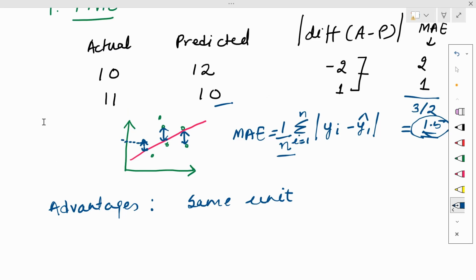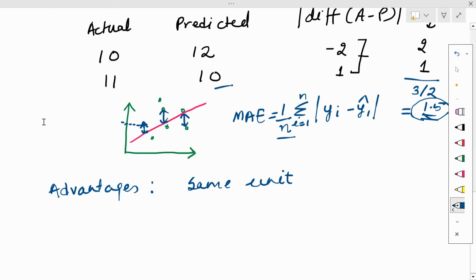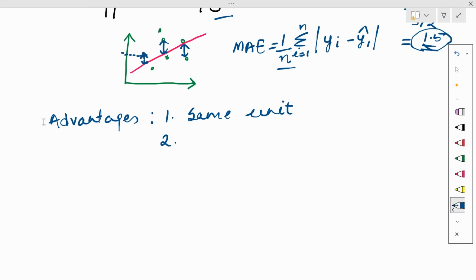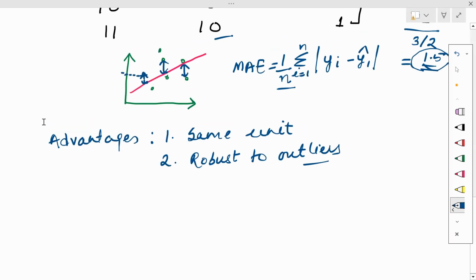So it's easier to compare the deviation that is there. Then the other advantage is it's robust to outliers. What that means is if there is an outlier, for example this, it will not make much difference to the overall value of MAE. There will be some difference, but still MAE will be able to absorb that.